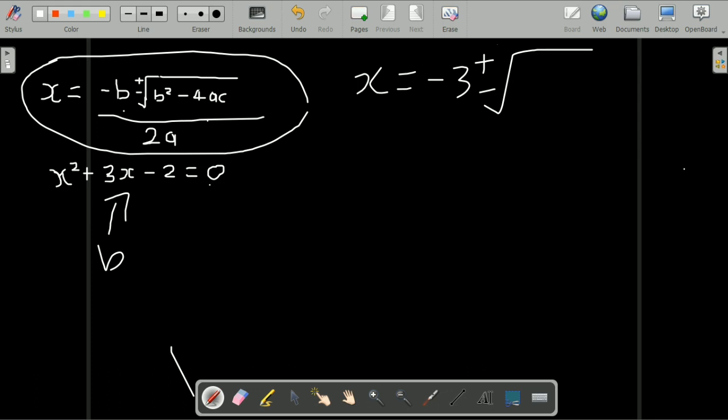And again we go back to b squared, which is our 3. So we are going to square the 3. Then minus 4.